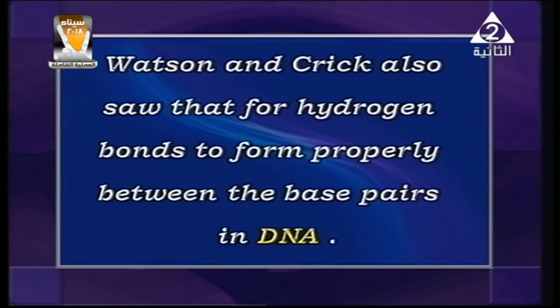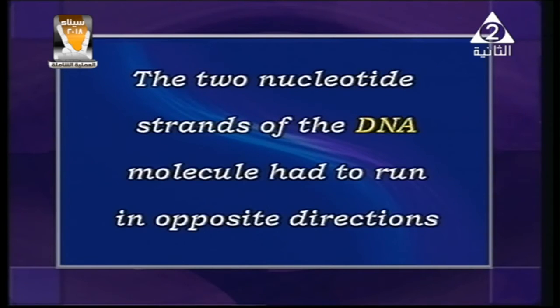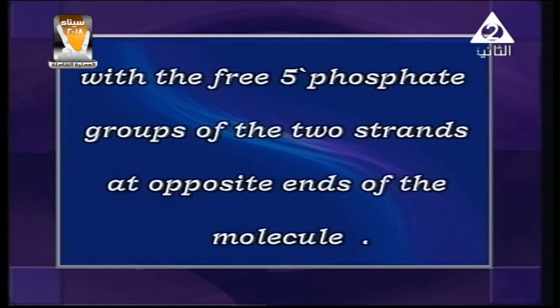Watson and Crick also showed that hydrogen bonds form properly between the base pairs in the DNA. They are suitable and proper for formation in the base pairs of the DNA. The two nucleotide strands of the DNA molecule had to run in opposite directions from the other strand, with the free 5' phosphate groups of the two strands at opposite ends of the molecule.